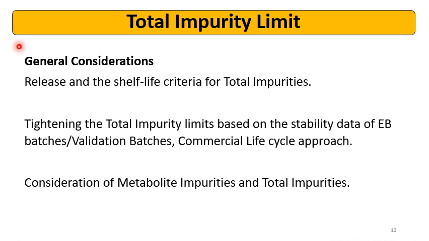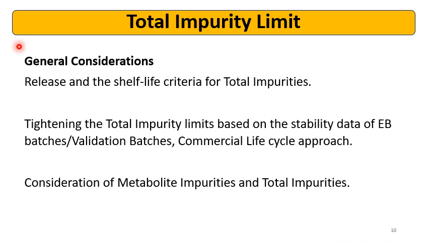The packs and pack configurations, the product strength are required to be considered and studied. And based on all this data, the impurity limits for total impurity may be tightened or may be relaxed. Also, this is a matter of the regulatory authorities, whether the regulatory authority permits this type of practice or not.